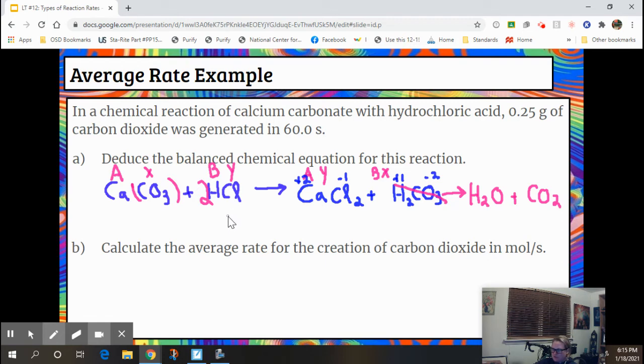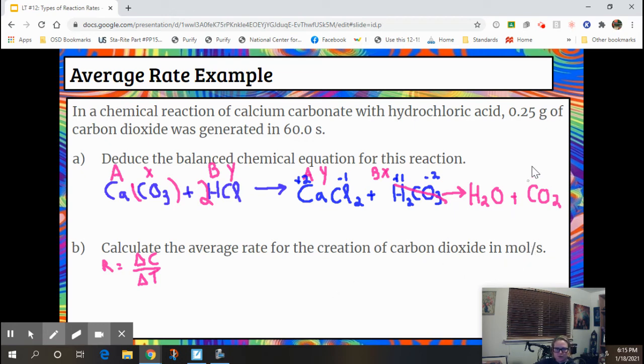Next thing is that average rate. And remembering that my average rate is going to be, I don't want to call it R for rate, it's going to be change of concentration over the change in time. And the concentration is going to be proportional to the number of moles created, and we'll just pretend it's 1 liter.